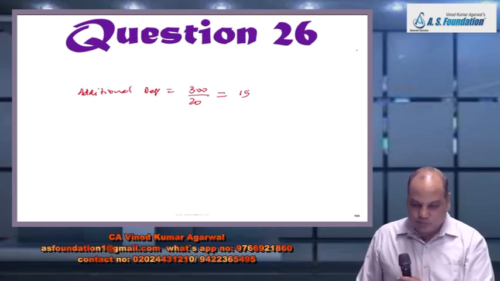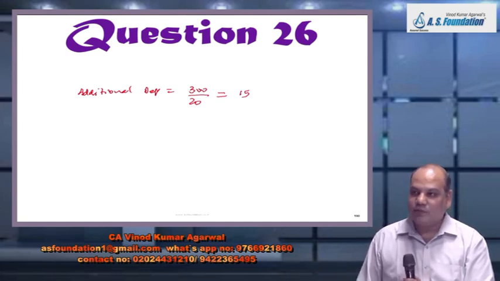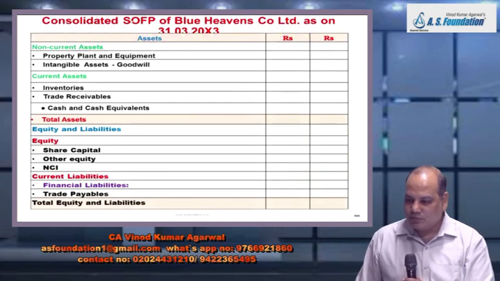Next line, prepare the consolidated SOFP, but we'll also prepare the consolidated statement of comprehensive income because we need to find out the NCI figure and parent share, right? So first we will prepare consolidated SOFP as usual.